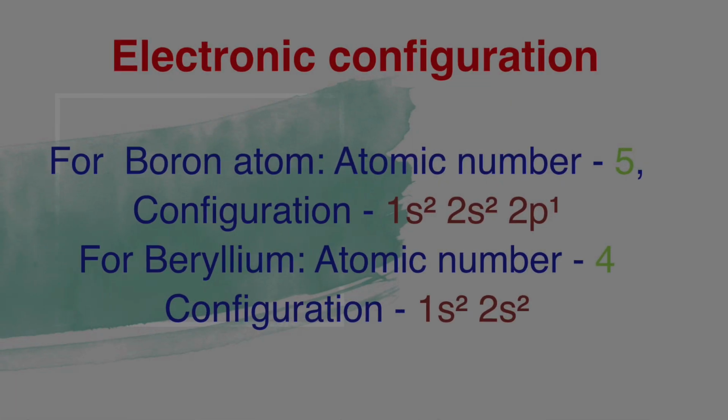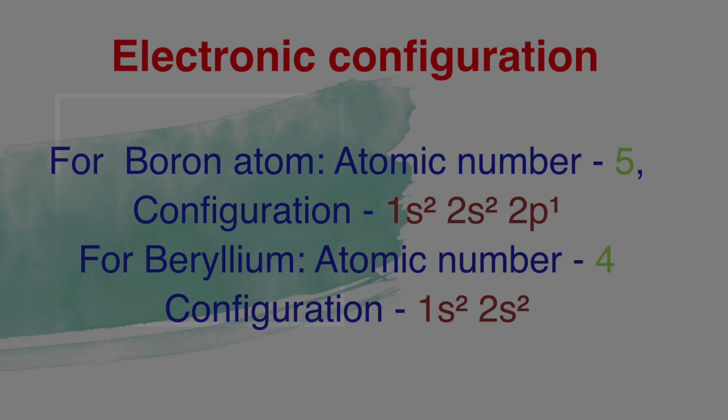Let us understand this on the basis of electronic configuration of boron and beryllium atoms. Atomic number of boron is 5. Therefore, its electronic configuration will be 1s2, 2s2, 2p1. You can check it. The last electron goes to the 2p subshell in the boron atom. Whereas for beryllium, atomic number is 4.